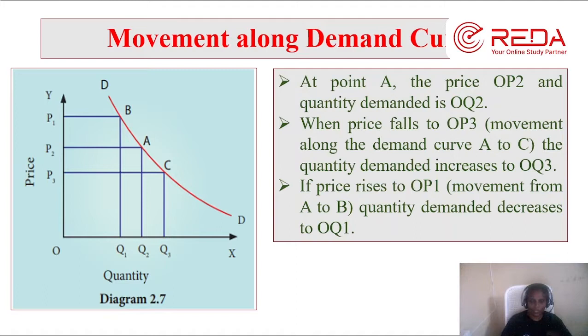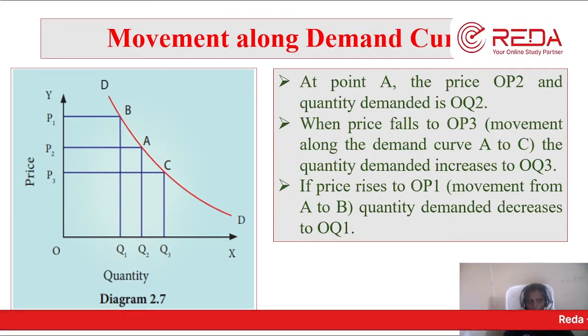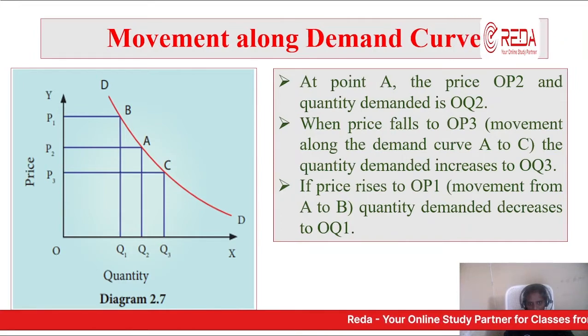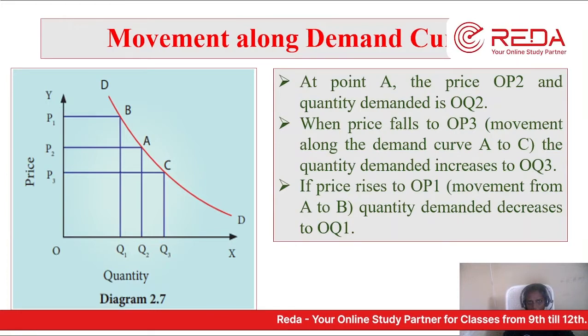Here is one more situation: when there is both an increase and a decrease in the price level of the commodity, the demand curve will be sloping downward from the left side to the right side. This is called the movement along the demand curve.